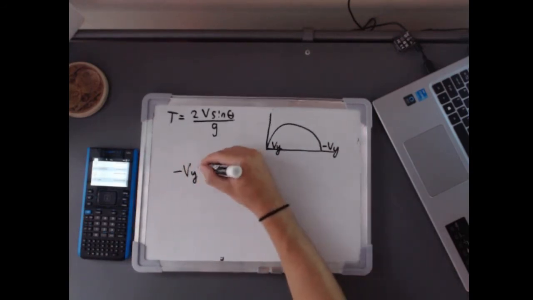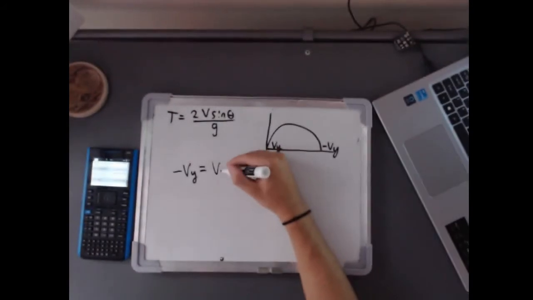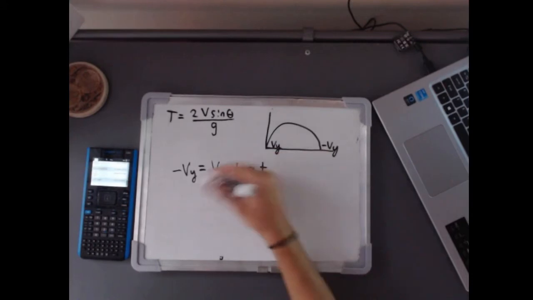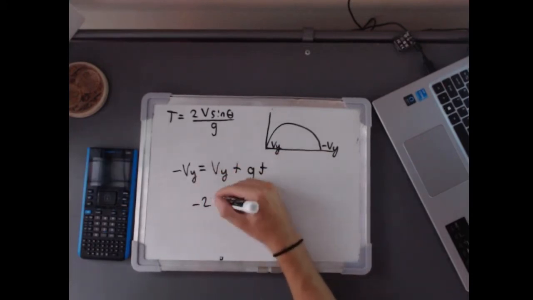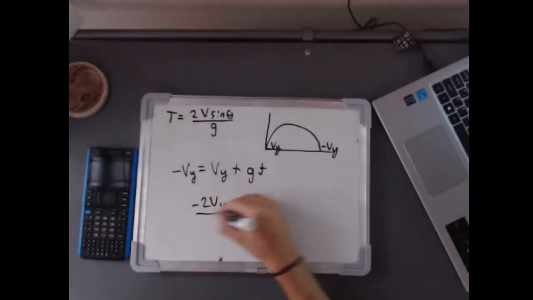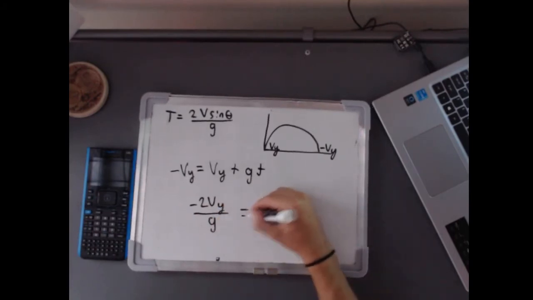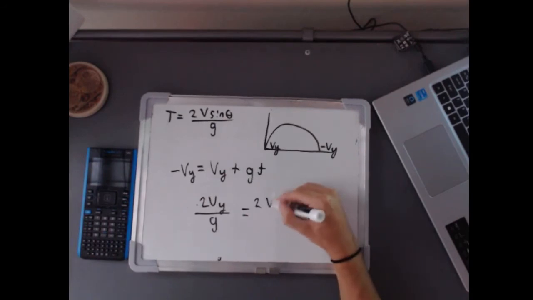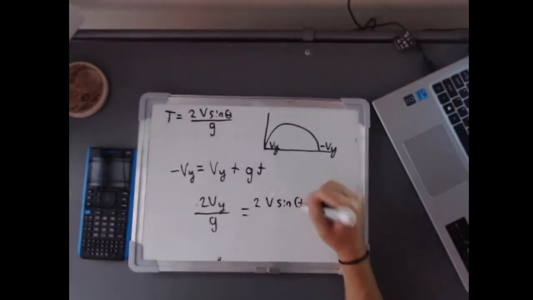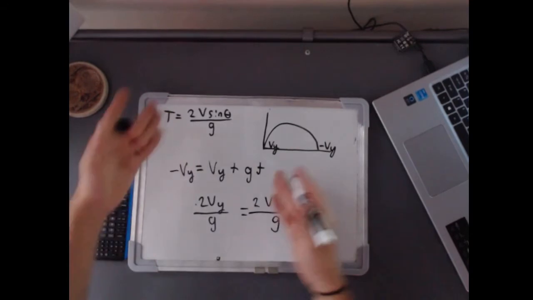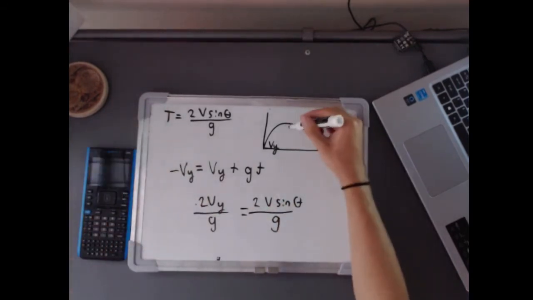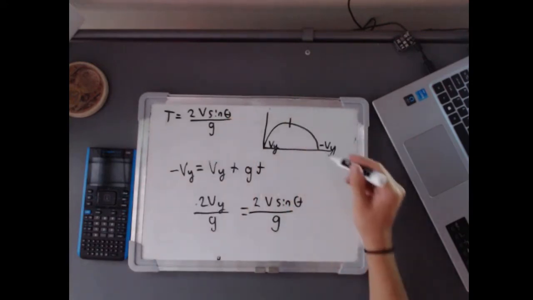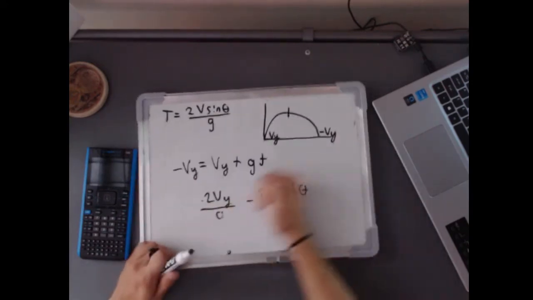Negative vy is equal to vy plus gt. Subtract that, negative 2vy over g is equal to t. Let's erase those negative signs, because time can't be negative: 2v sine theta over g. Same answer, but if you think it's a little iffy to go to the halfway point and then double it, you can just do it like that.